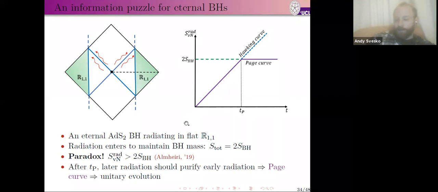So if you care about unitarity, and if you still want to maintain unitary quantum evolution in the context of QFT, quantum fields in a black hole background, then you want your system to obey what's called a Page curve, after its inventor. The Page curve says that, initially, sure, the entropy will increase, but eventually, in this particular case, it will stabilize and just plateau to this curve here.